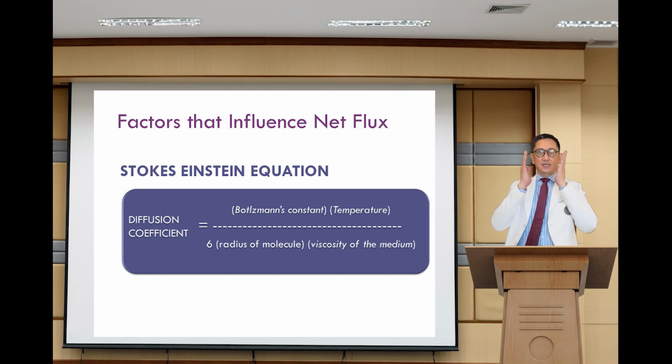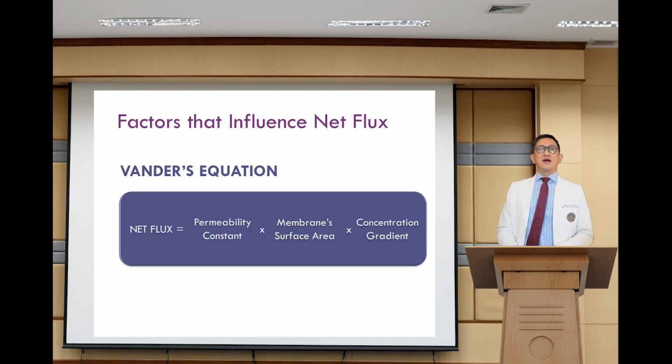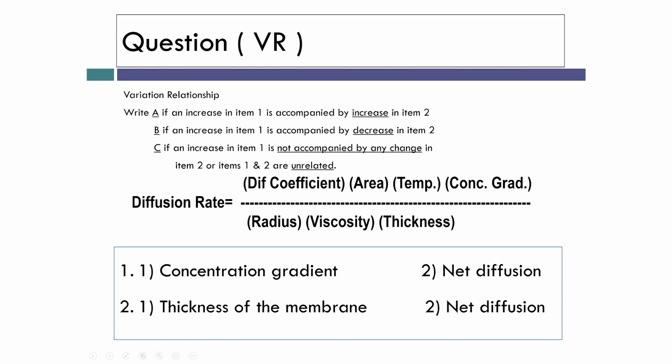Okay? Clear so far? So in Van der Waals equation, you also have your net flux, which affects also your diffusion, permeability constant, membrane surface area, and your concentration gradient. So these three factors will increase your net flux. If you increase your net flux, you also increase your diffusion.